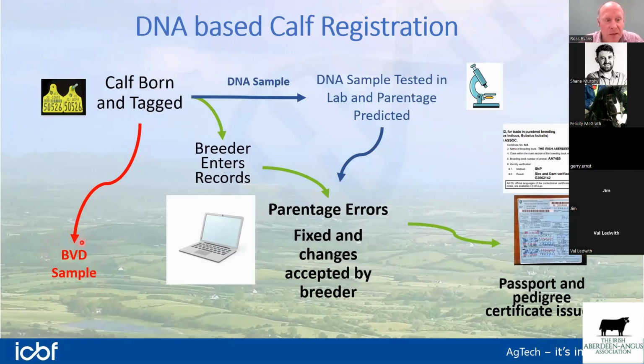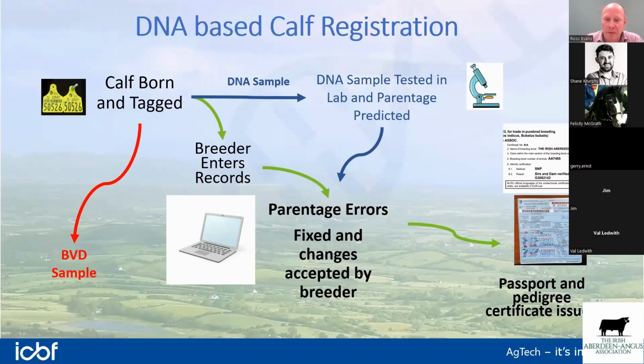One sample goes off for the BVD testing, the other goes off for DNA sampling, where it then returns to the ICBF database and the parentage is confirmed, and any parentage errors get fixed. Before the cattle passport or the pedigree cert is issued, the parentage is fully confirmed. So it means you don't have to go back and change your documentation related to that particular animal.